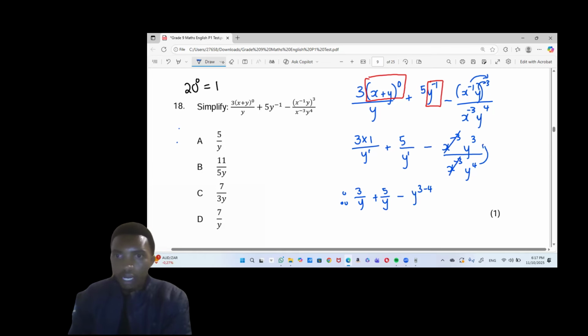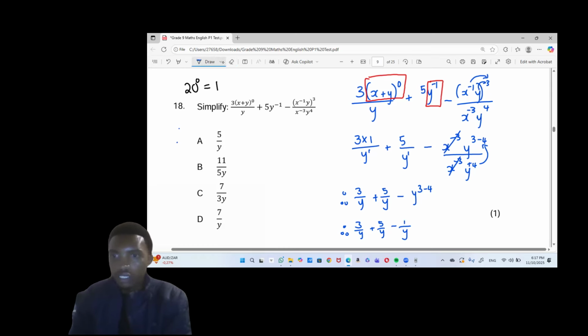But if it was positive, now it's going to change sign and becomes what? Negative, right? So now this is going to give us 3 over y plus 5 over y minus y negative 1. Y negative 1, we said, how do we write it? We take the negative, it's going to be 1 over y.